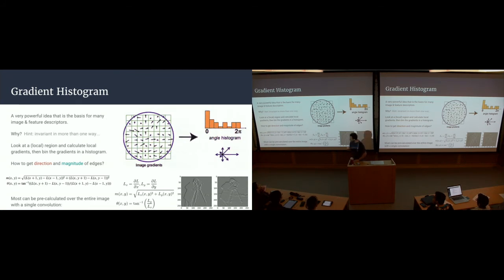Okay, so how do we get that angle and the magnitude of those gradients? Again, it's very easy. We do those edge-finding convolutions, just the first derivative, right? And we can approximate the angle, theta, there, by taking an inverse tangent because a tangent is y over x.